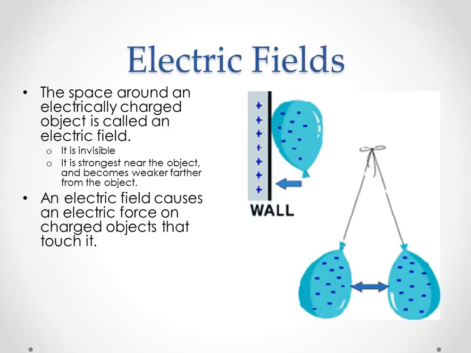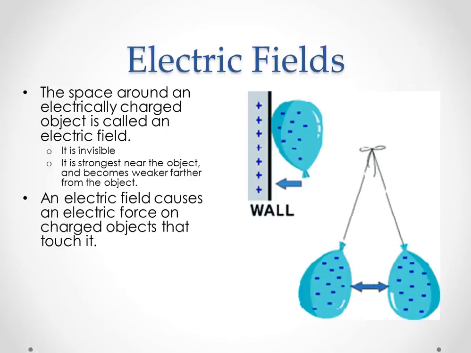So notice how the balloon, if it's going to touch that wall, is going to get some of those positive protons moved onto that balloon because of that rubbing. There will be a Bill Nye video later on in this mission that will really give you a good idea.